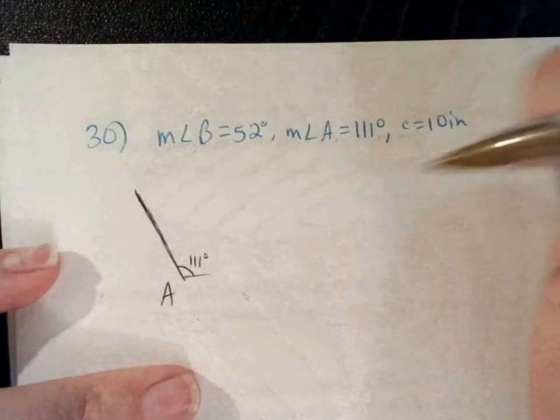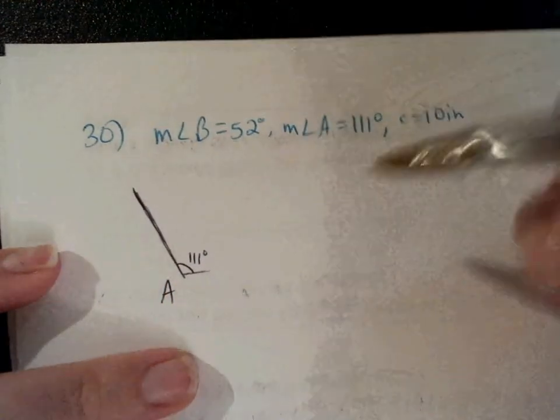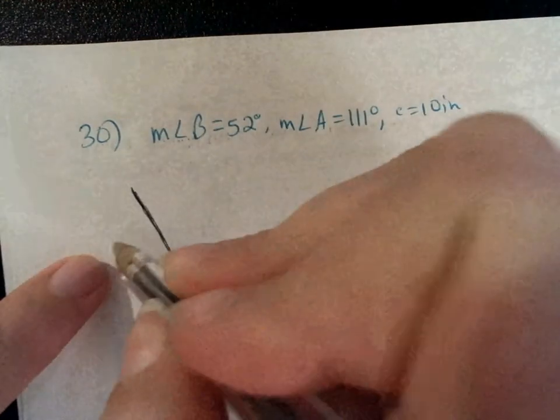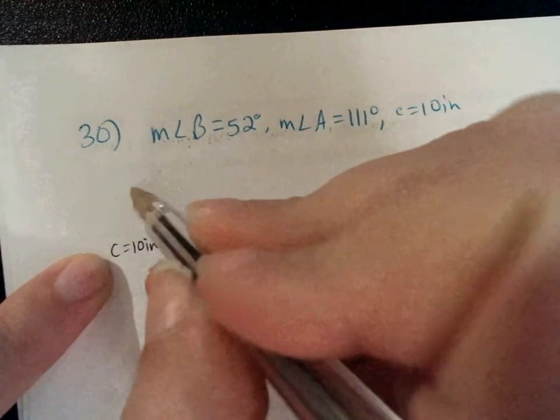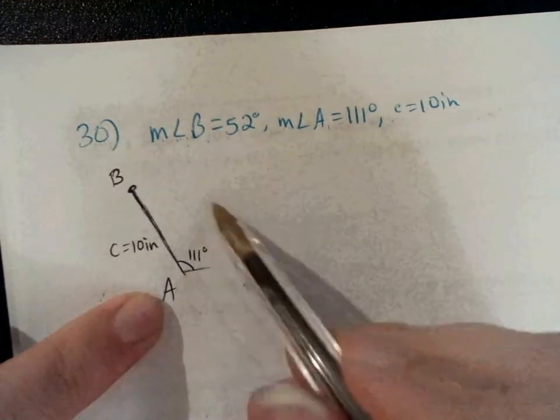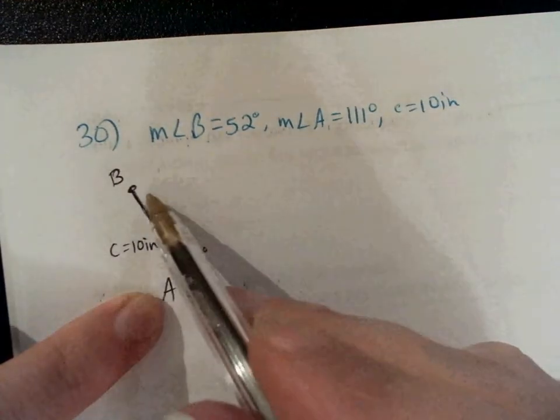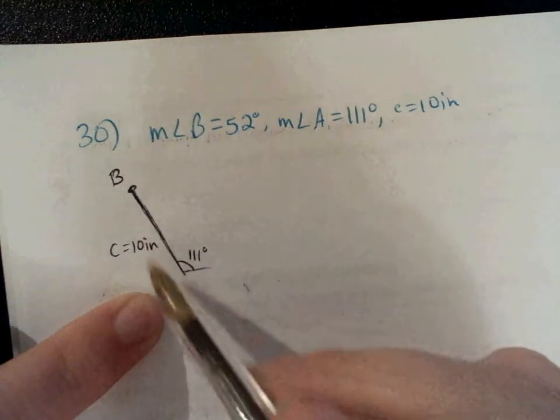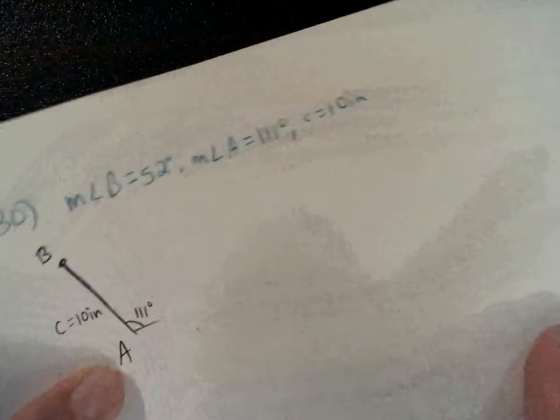This is going to have to be side length C, which is going to be 10 inches. And then I'm going to let this be angle B. So it makes sense that angle A across from that is going to be side A, and then across from angle B is going to be side B. So side C is going to be over here, okay?